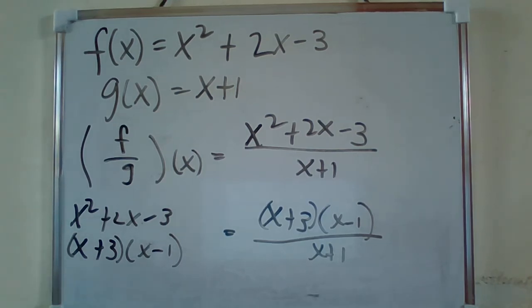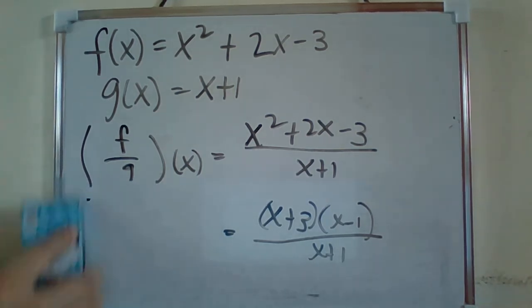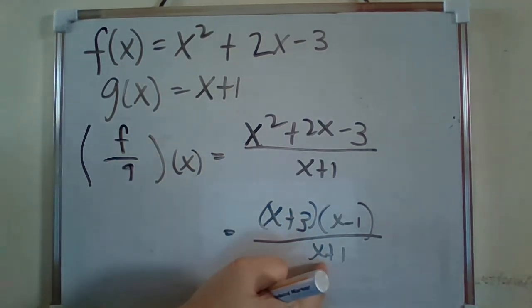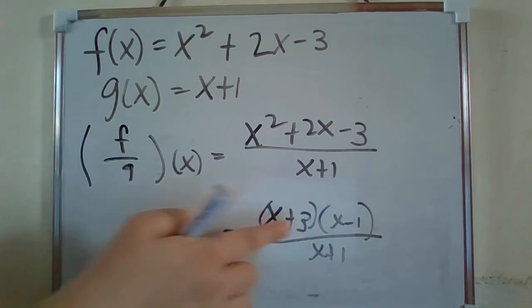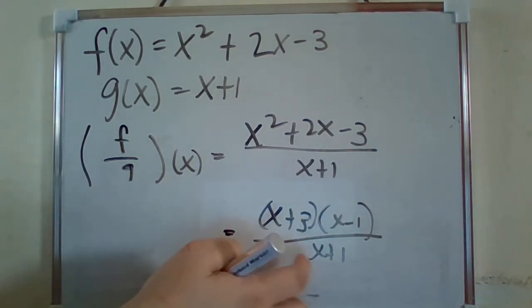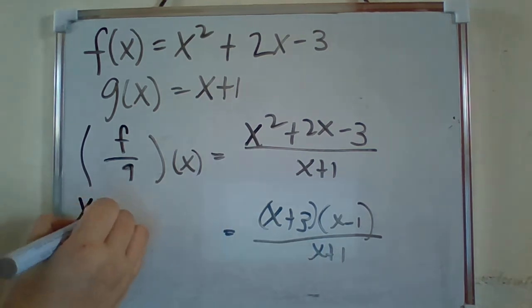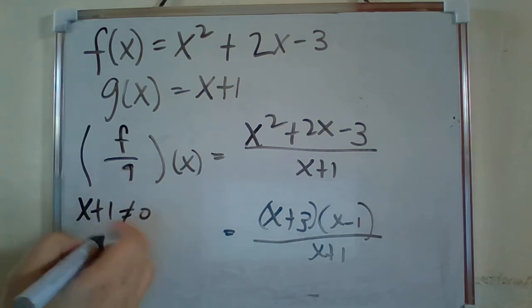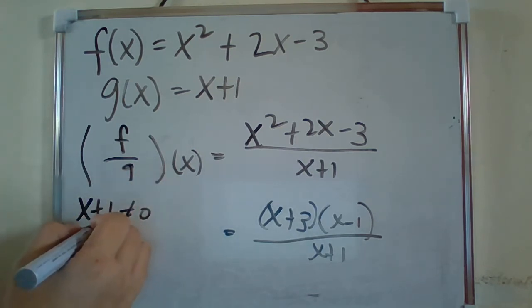Kailangan defined yung makukuha natin na sagot. So, with that, ang restriction natin ngayon dito, dun muna tayo sa denominator. Kasi sa numerator naman, walang problema eh. Ang problema talaga natin ay denominator. So, x plus 1 should not be equal to 0. So, i-transpose sa kabila, negative 1.